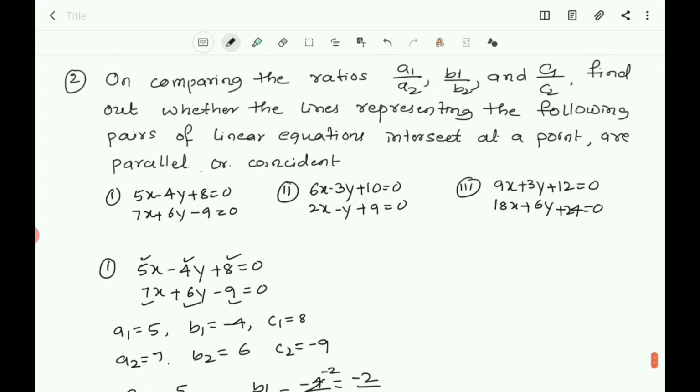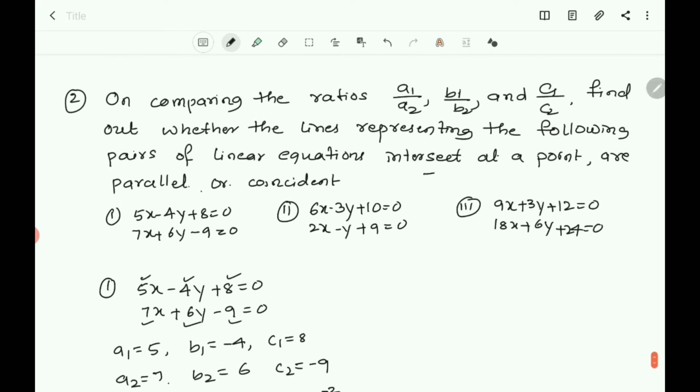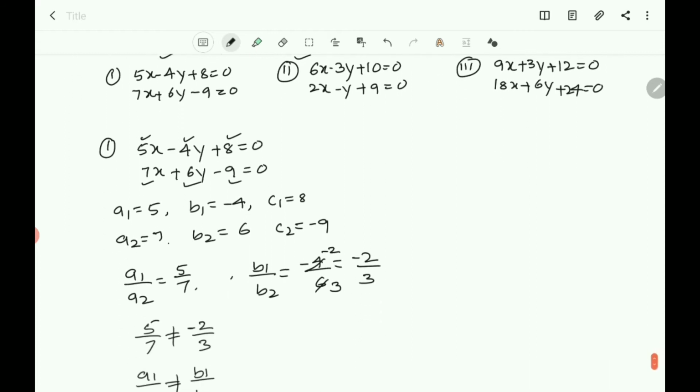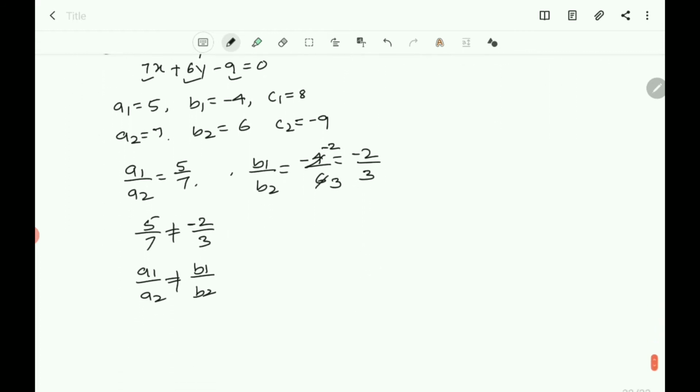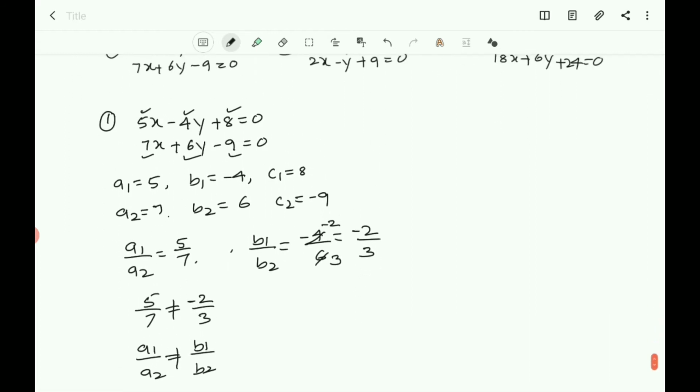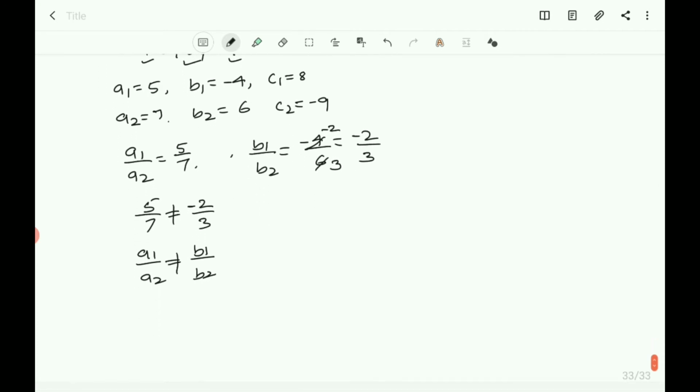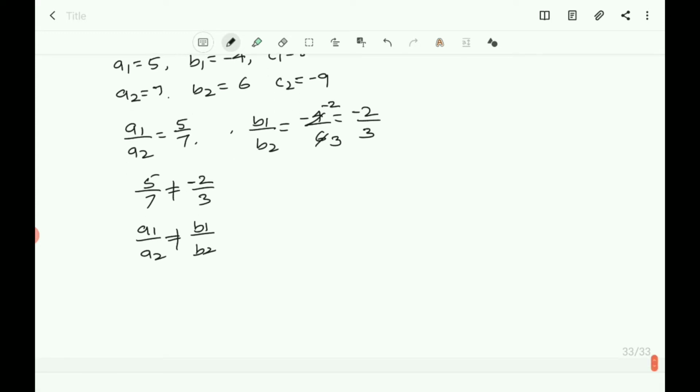Here we have to mention whether they are intersecting or parallel or coincident. Here as a1 by a2 is not equal to b1 by b2, what you can conclude is, the lines representing the given pair of linear equations intersect at a point.